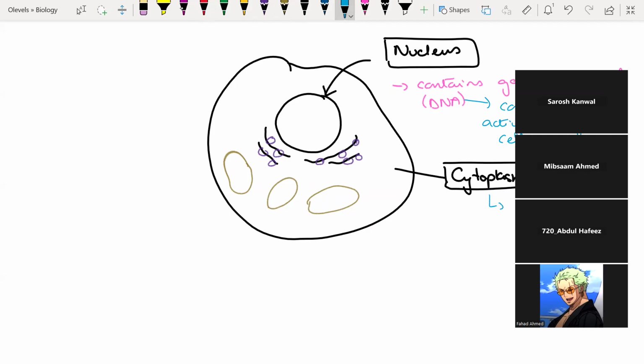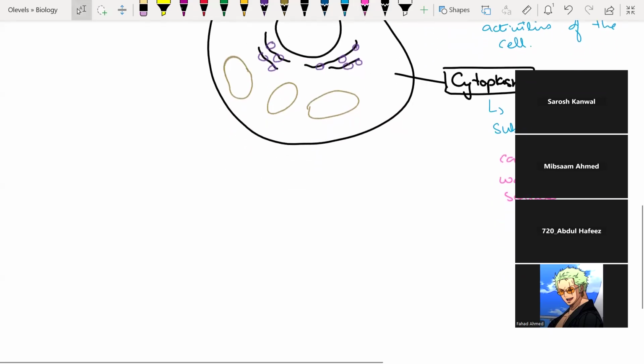First, we know that it is a gel-like substance, and this gel-like substance is composed of water and cell solutes, right? Some other things dissolve in cytoplasm.